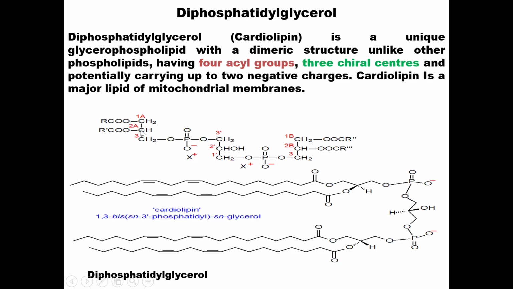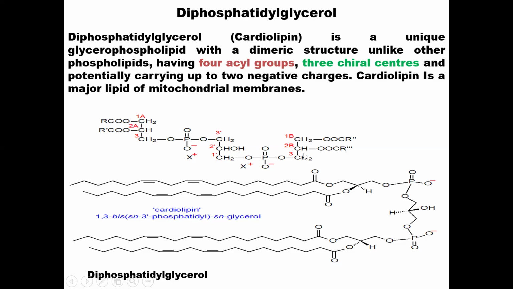But carbon 2 here is bonded to fatty acid, to another group here, CH2RCOO, and to hydrogen, and also to another different group. So this carbon is a chiral center. Another chiral center can be found here: carbon 2 prime has a group here, hydrogen, OH, and another different substituent group, so it is a chiral center.